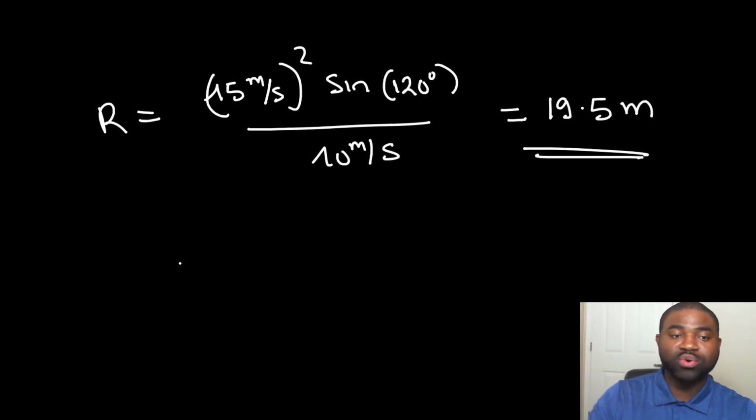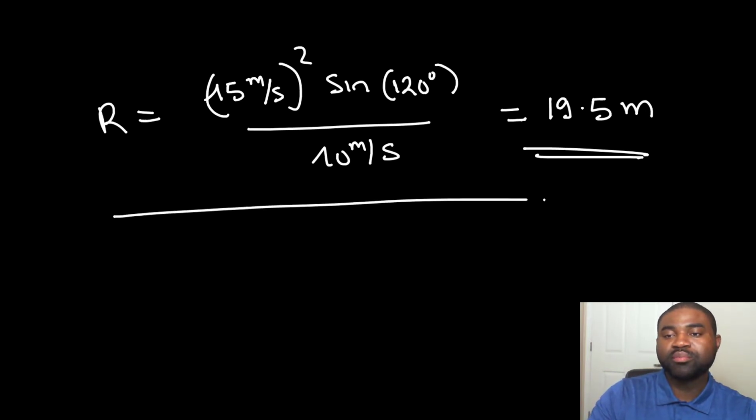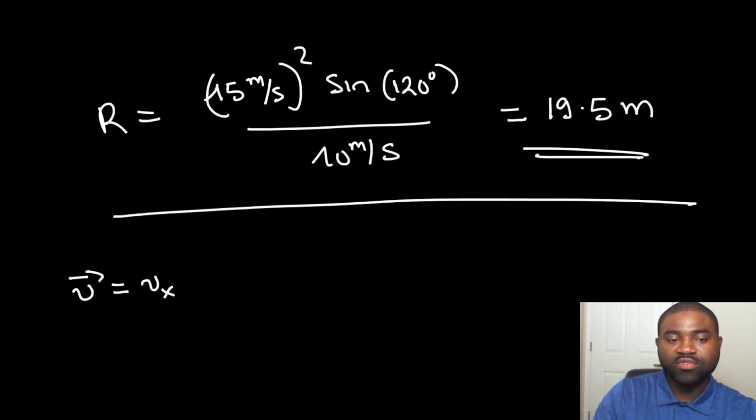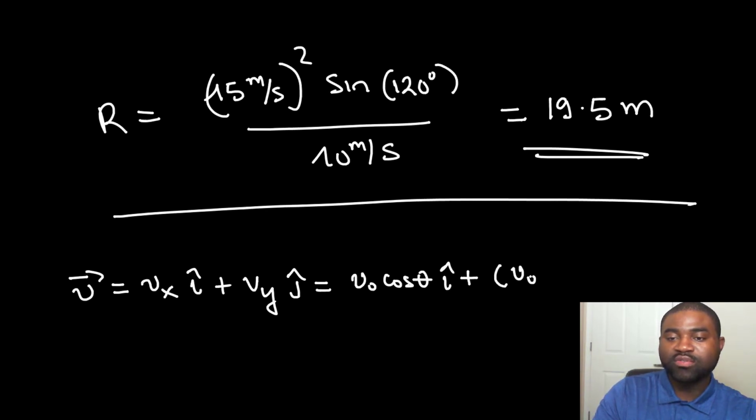Now, before we go, remember that the velocity v at any time t is Vx i plus Vy j, which essentially is just V naught cosine theta i plus bracket V naught sine theta minus gt j.